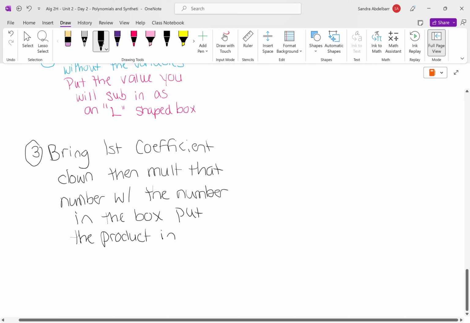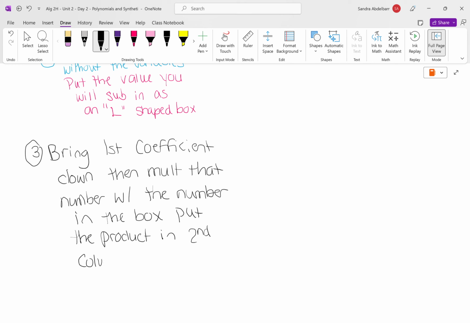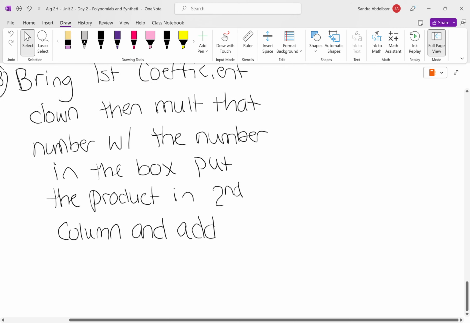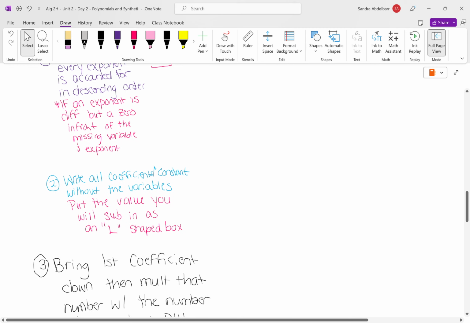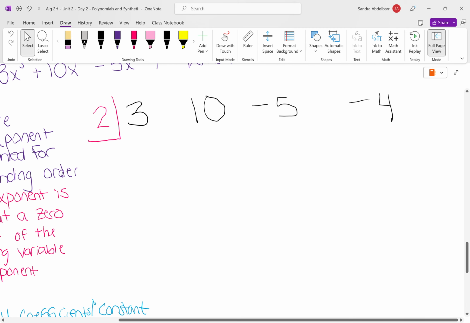Put the product in the second column and add. I'll let you write that down and then I'll show you what I mean. Everybody have it? And done?